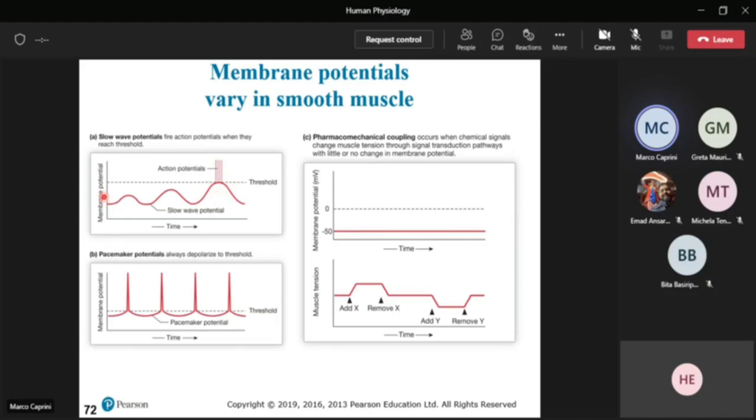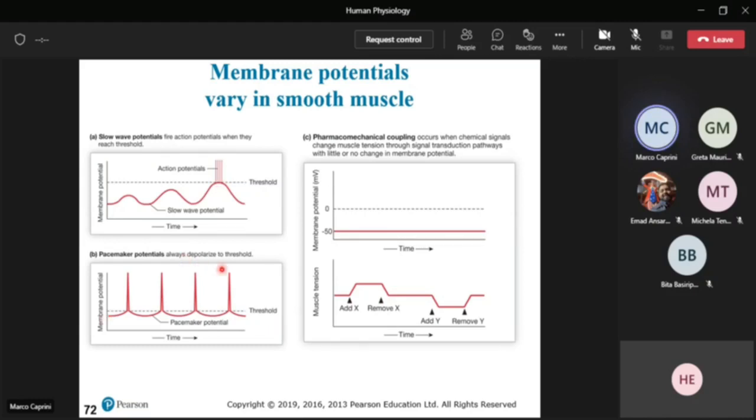Muscle cells can be contracted when the membrane potential moves from a resting potential and reaches the threshold. In this case, the threshold generates an action potential, calcium inside of the cell increases, and then the muscle can be contracted.